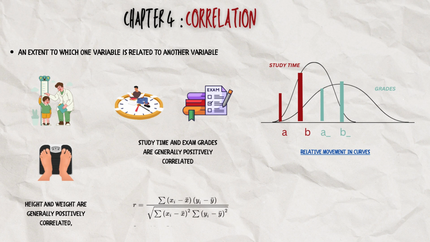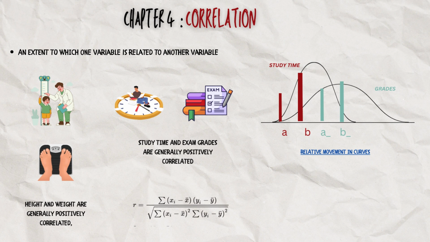For instance, in the study time graph, we are moving from point A to B. Then at the same instance, how is the grade graph moving and in what direction? If by moving study time from A to B, the grades are moving from A dash to B dash, then there's a positive directional movement in grades with a positive directional movement in study time, which indicates a positive correlation. And the strength of that correlation is the length of movement in the other graph.